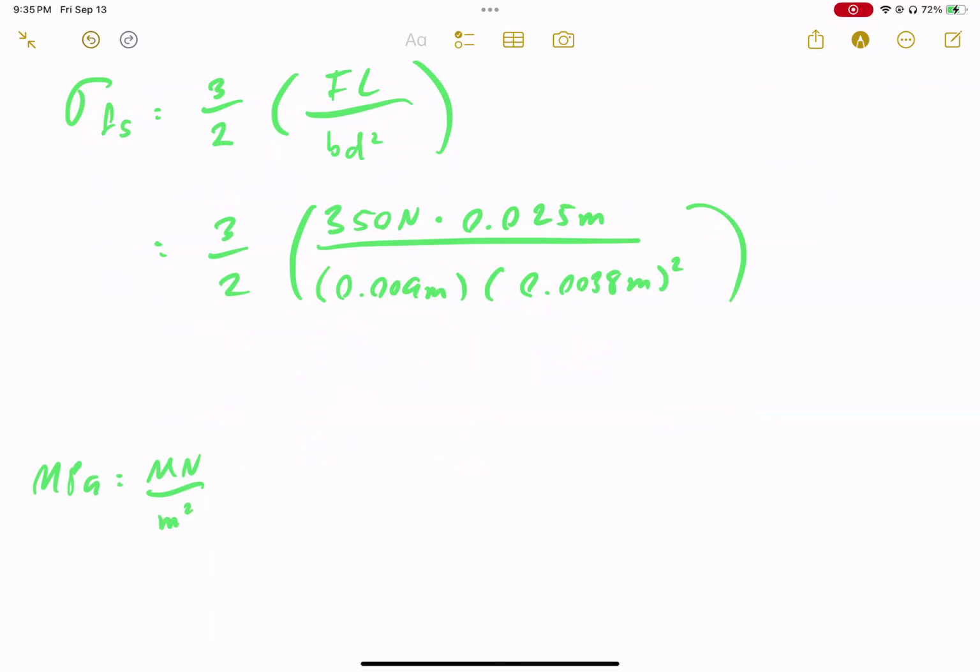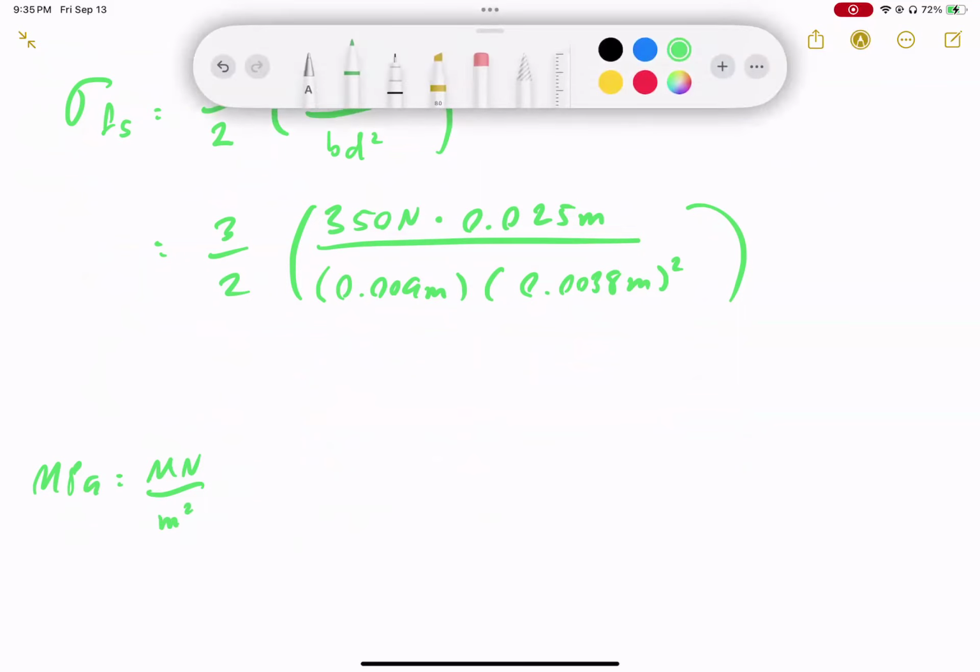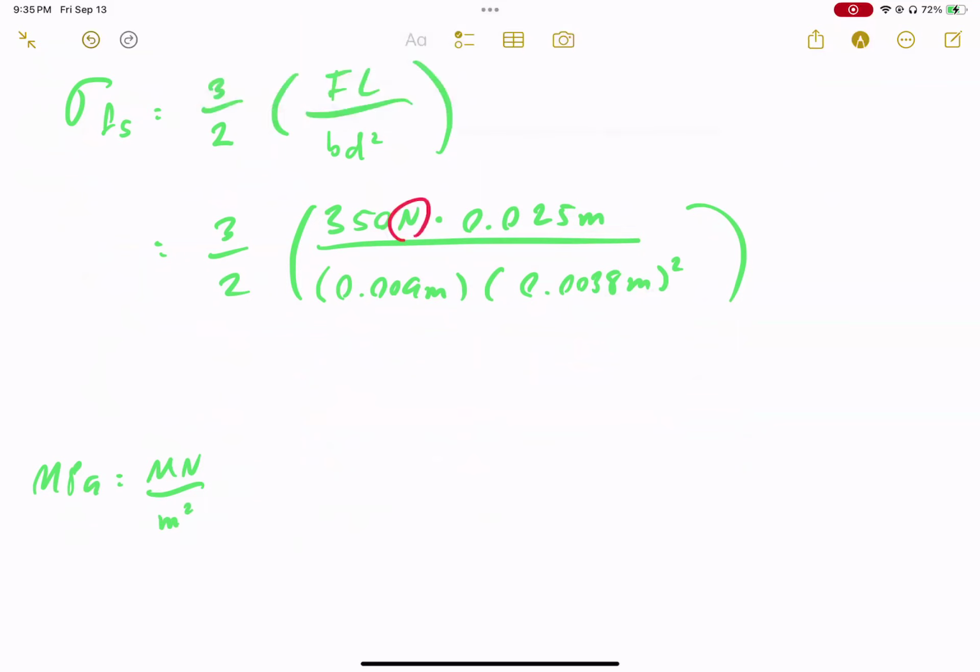So I have newtons in the numerator, which I'll mark up in red. And if you look at the bottom, I have 1 unit for meters here, and then 1 over here for the denominator. However, because of this square and this meter over here, this will actually become meters cubed in the denominator, but I have meters in both the numerator and the denominator.